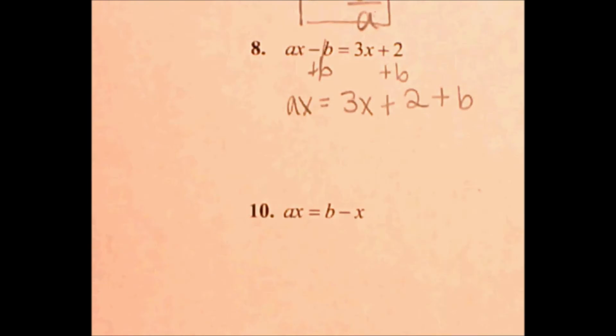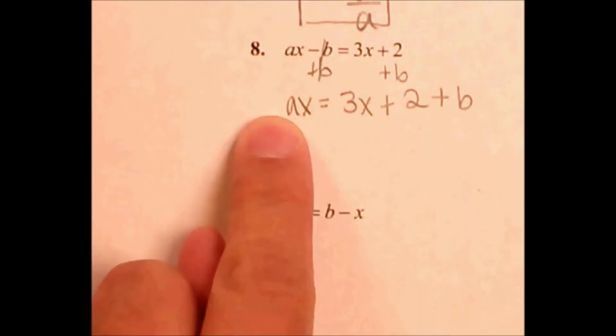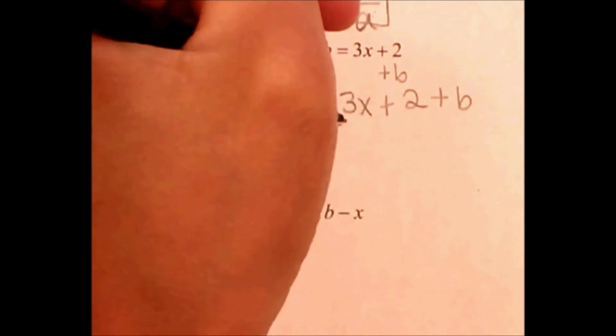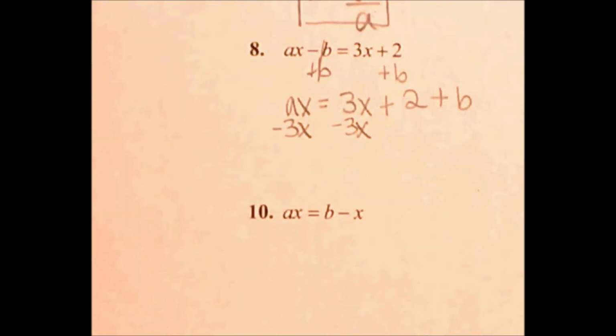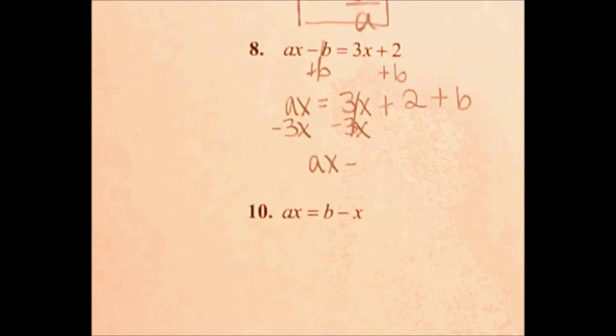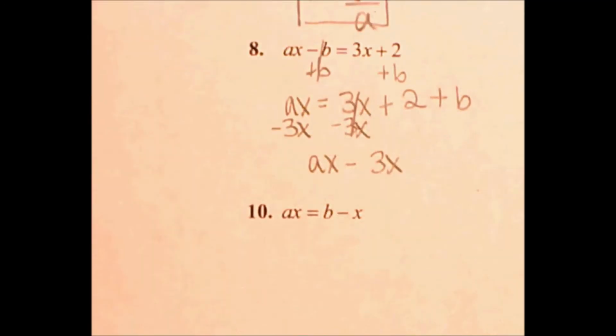Okay, next I'm going to bring this 3x over here with the ax, so I'm going to subtract 3x. That now leaves me with ax minus 3x equals 2 plus b.